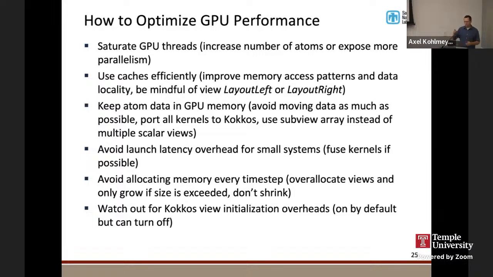What you want to avoid is having a view that you keep exactly the same size as the number of atoms. If that's fluctuating, then you're going to be allocating over and over again. And the last thing is to watch out for Kokkos view initialization overheads. We'll talk more about this a little bit later, but this is on by default, but there are ways to turn it off.